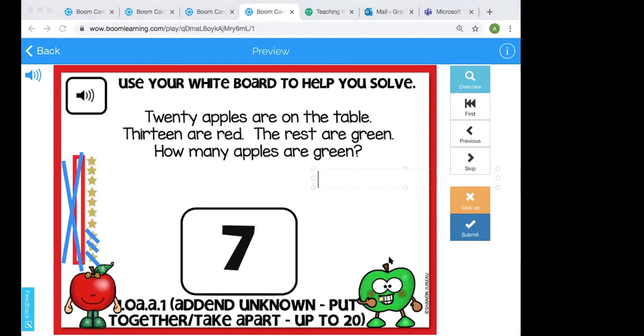20 apples minus 13 apples. Now, I noticed that we can't take 3 from 0. So what do we have to do? Remember, more on the floor, go next door and get 10 more. So I'm going to cross out my 2 and move 10 over.